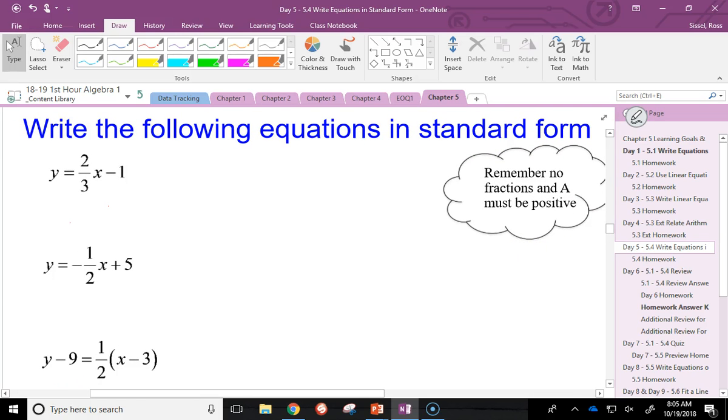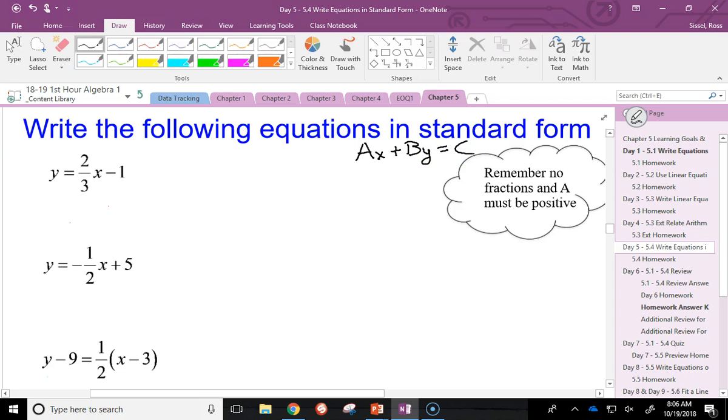Write the following equations in standard form. Remember, no fractions, and a must be positive. They've given us y equals 2/3 x minus 1. I need to write this so it is in standard form, ax plus by equals c.